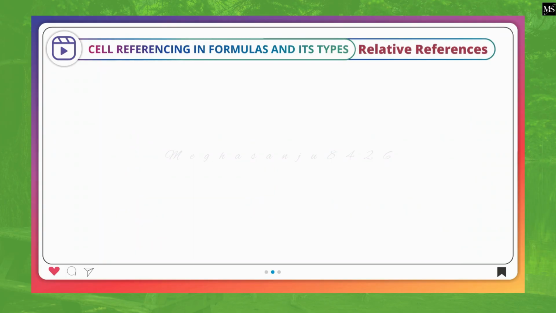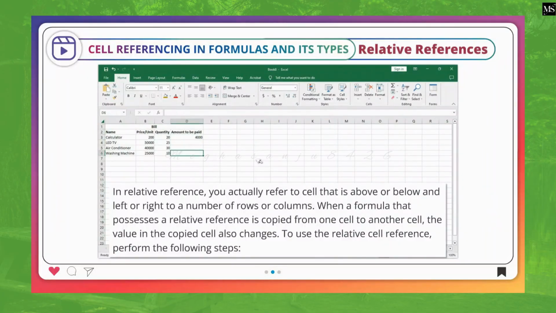Relative references. In a relative reference, you actually refer to a cell that is above or below and left or right by a number of rows or columns. When a formula that possesses a relative reference is copied from one cell to another cell, the value in the copied cell also changes.